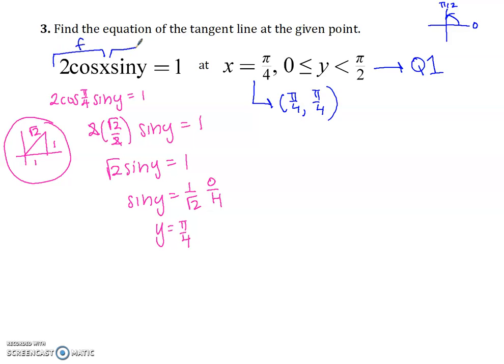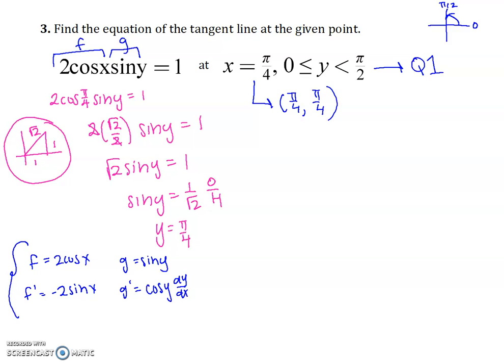Okay. Then to find the slope, I need to take the derivative. So I'm going to have to do product rule here. So f is 2 cosine of x. So f prime will be negative 2 sine of x. g is sine of y. So g prime is just cosine of y, but then times dy dx, since we took the derivative of something with a y. Okay.